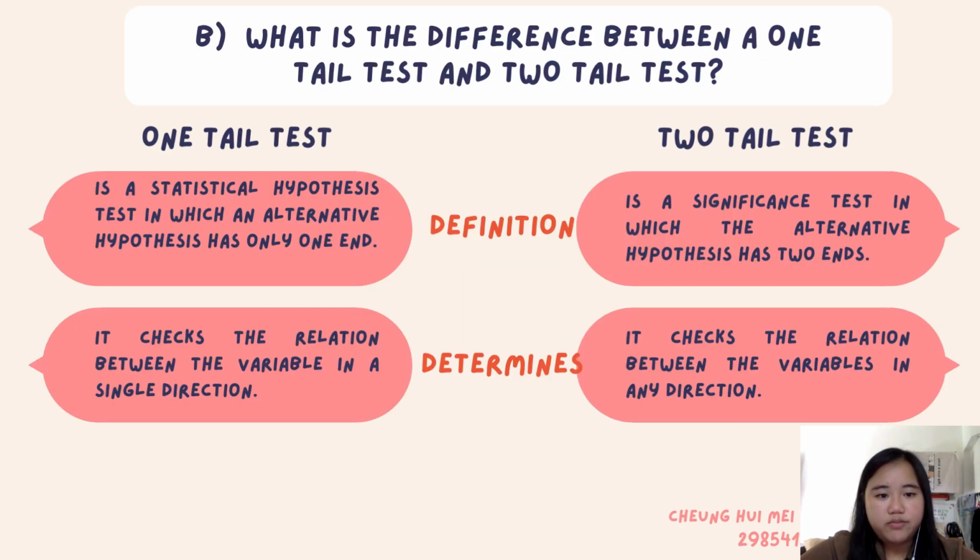Next, what is the difference between a one-tail test and a two-tail test? The one-tail test is a hypothesis test in which the alternative hypothesis has only one end. But the two-tail test is a significance test in which the alternative hypothesis has two ends. The one-tail test checks the relation between the variables in a single direction, but the two-tail test checks the relation between the variables in any direction.